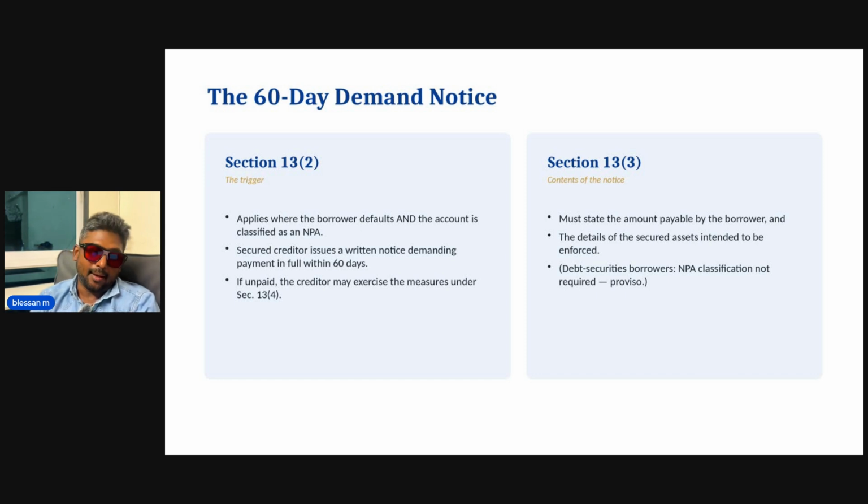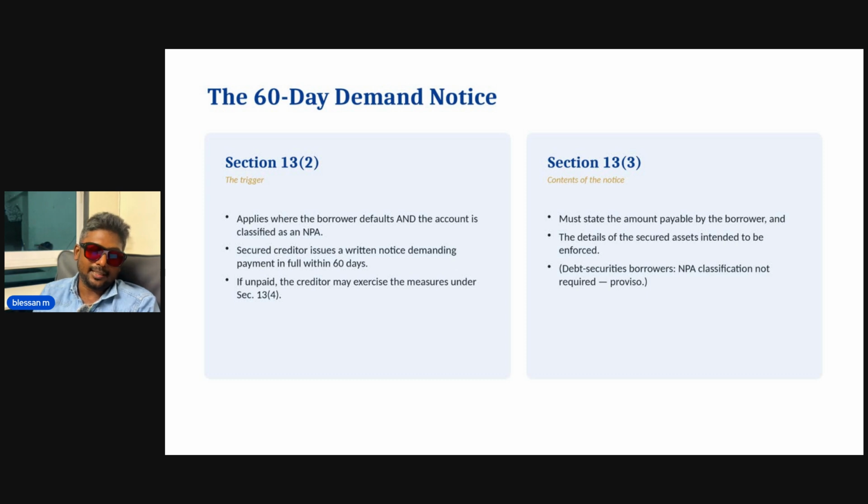And yeah, so it's very important that the authorized officer who issues the demand notice does proper due diligence before issuing it. It must state the amount payable by the borrower. So we have to be very careful. You have to look into the interest component.